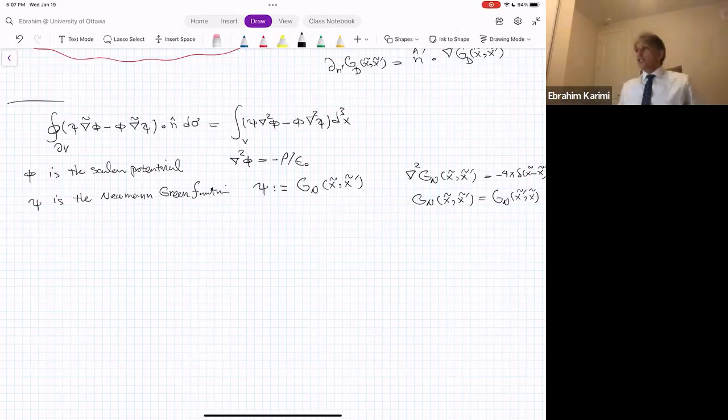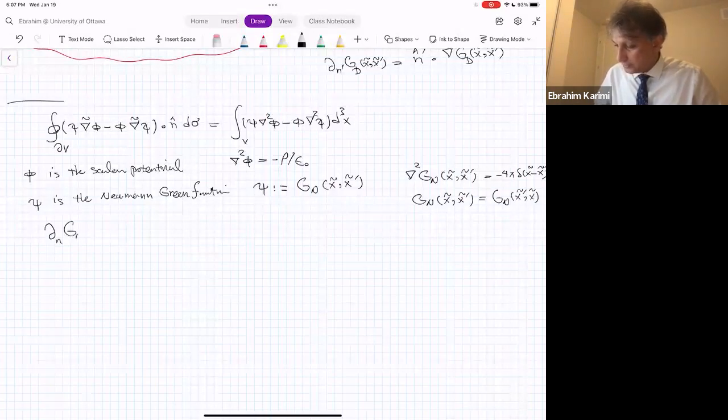Now, the Neumann boundary condition poses something else. We are not dealing with G_N at the surface. This is Neumann. So we are dealing with the derivative of G_N, the normal derivative of G_N at the boundary, at the surface.